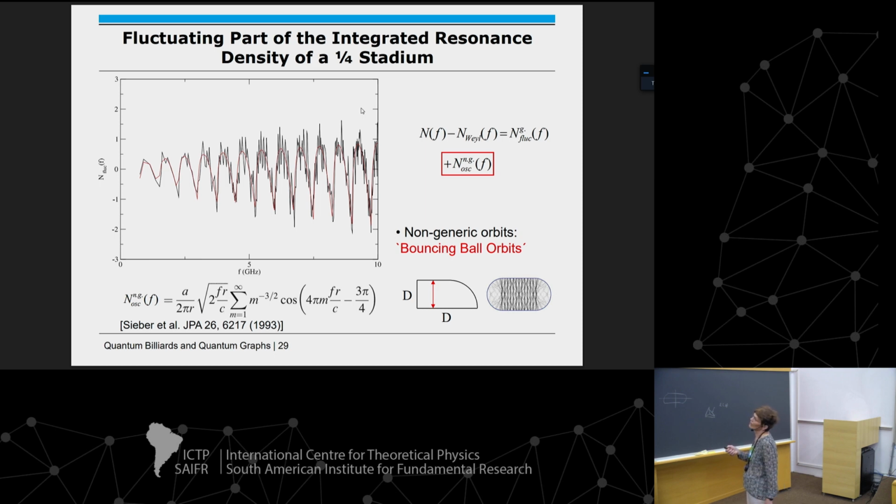For the quarter stadium. So it's with the one I choose, the anti-symmetric one. So then you have Dirichlet and Dirichlet.